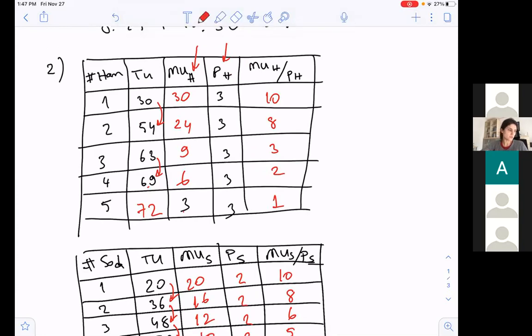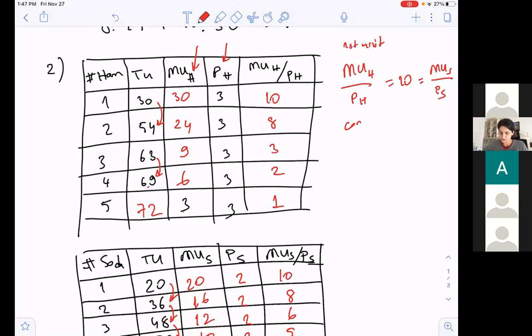Marginal utility divided by price for the first unit is 10 in either case, which means that the consumer is indifferent between consuming hamburger and soda. So marginal utility of hamburger divided by price of hamburger for the first unit comparison is 10. That is equal to marginal utility of soda divided by price of soda.